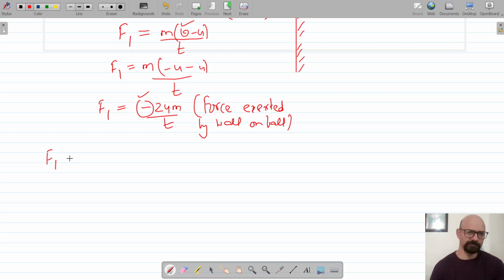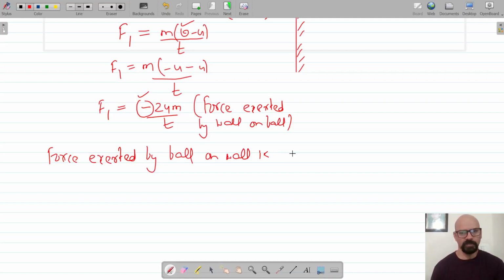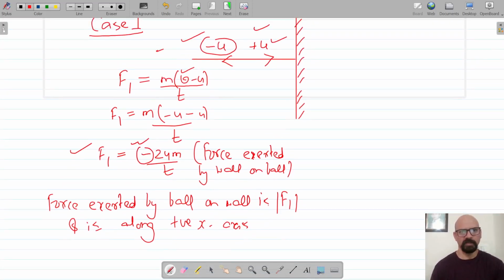So the force on the wall is F1 in magnitude, and this is along the positive x-axis, because the negative sign indicates that the force by the wall is along the negative x-axis.